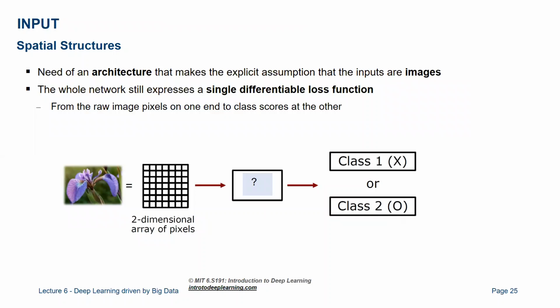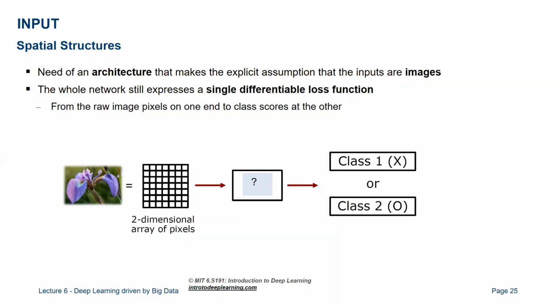So we are looking for an architecture that makes an explicit assumption that the inputs are images. Before, we just considered an architecture and didn't think about different types of inputs. But what if they are images? So let's now consider this particular problem.